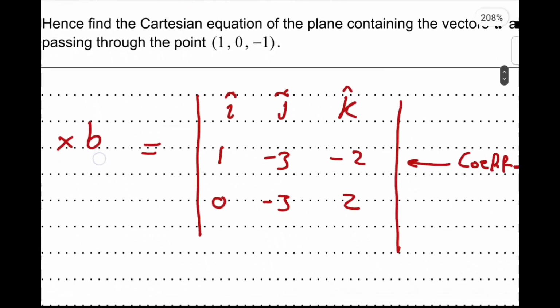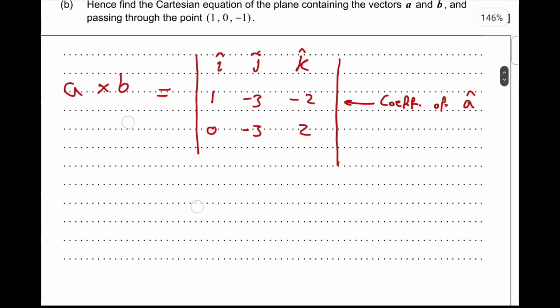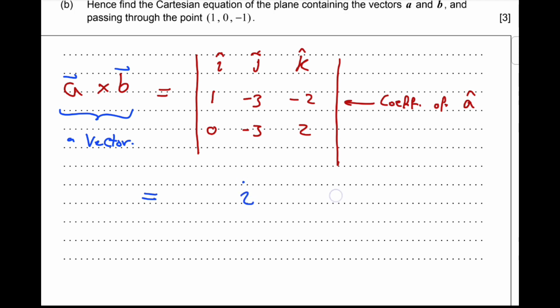The question is, how do you find the determinant? If these are two vectors, then the answer is another vector, so we will have an i coefficient, j coefficient, and k coefficient.